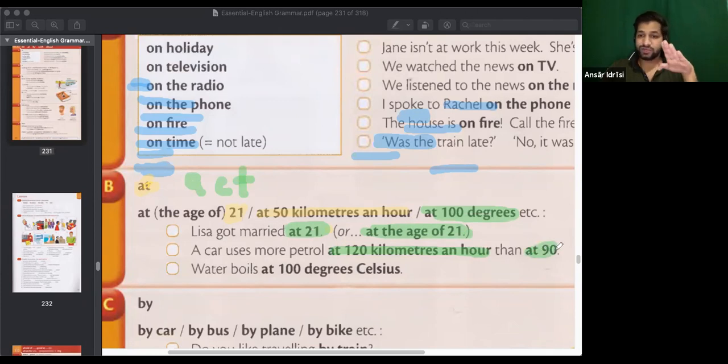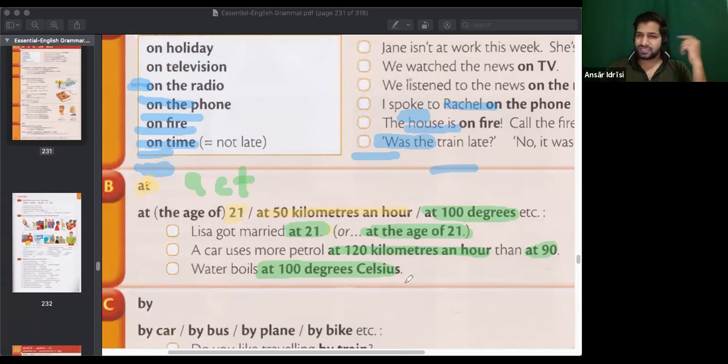So at the speed of 90, at the speed of 120. Next, water boils at 100 degrees Celsius. So literally we are going to use at for activities and ideas. So at the age of 21, at 120 speed, at 90 speed, at 100 degrees Celsius.